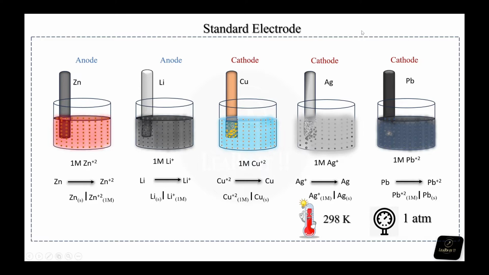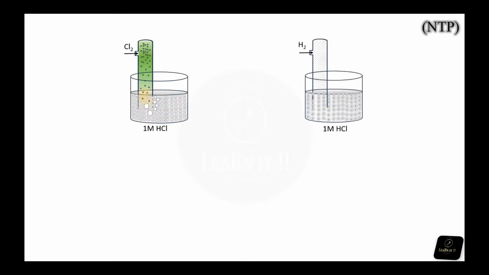Next question: what if we take gaseous material like chlorine and hydrogen? These two are also maintained at normal temperature and pressure. Here the chlorine gas is filled in this inverted tube at 1 atmospheric pressure.